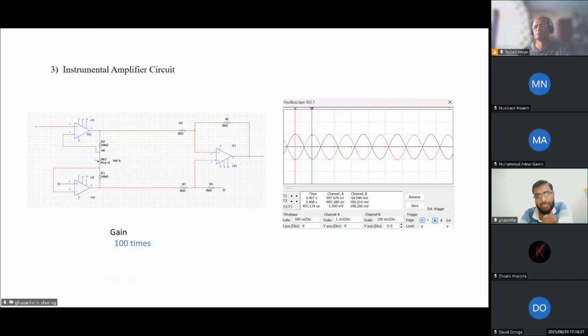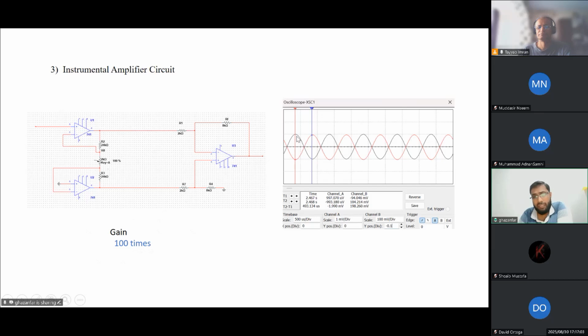So the last component is the instrumentation amplifier. In this instrumentation amplifier, we have a combination of three op-amps and resistors. In this, we have to get almost 100 times gain of the signal. On the oscilloscope, you can see easily from the waveform.